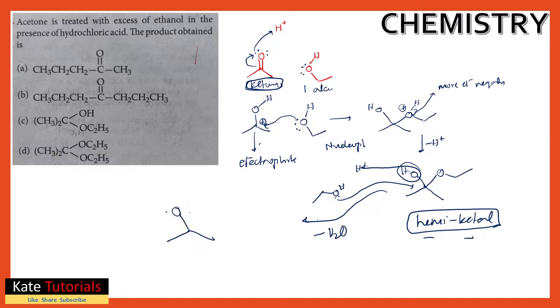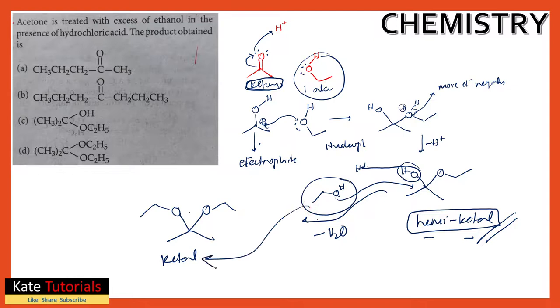I get O, CH2, CH3, and here also O, CH2, CH3. So it is a ketal. From one molecule of alcohol I get a hemiacetal, and from the second molecule of alcohol I get a ketal. This is the product I should get.